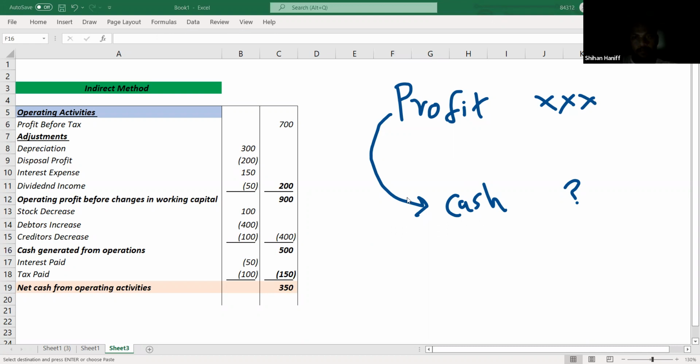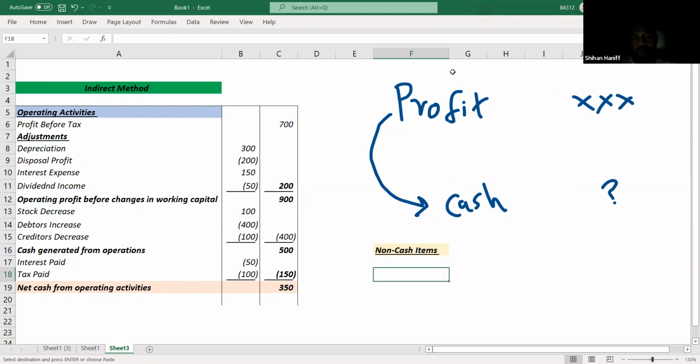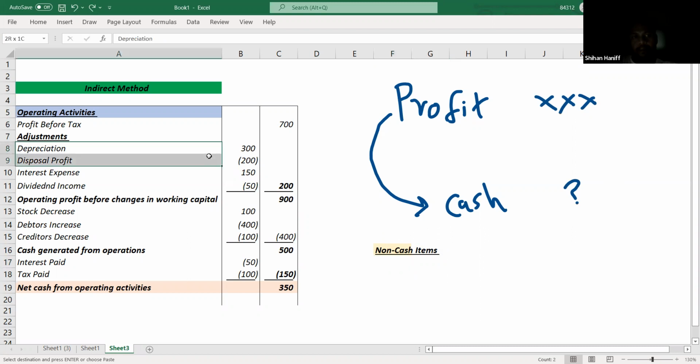Non-cash items. So what are the non-cash items? There are two. For this example, I have taken two. One is depreciation, the other one is disposal profit or loss.